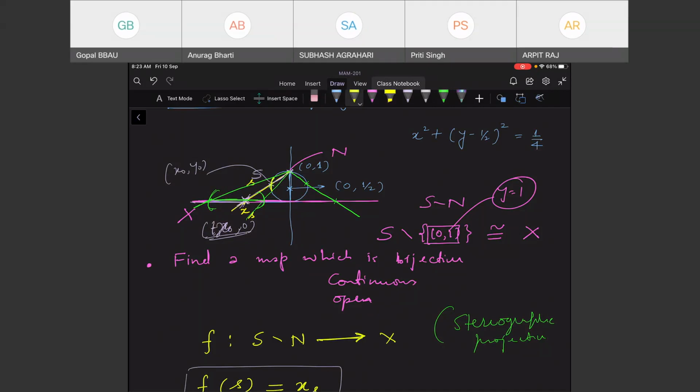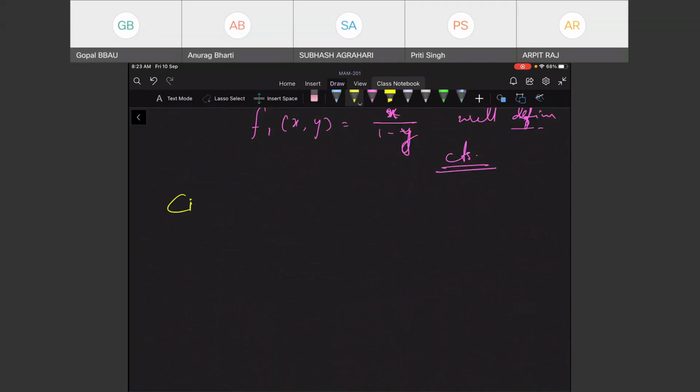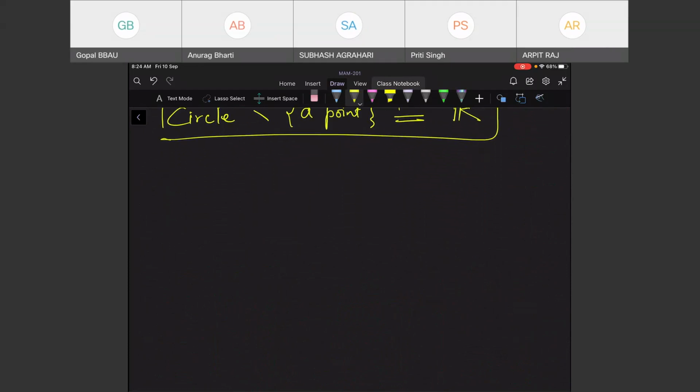So you can easily see that the inverse image of open sets is open. We are doing this in subspace topology. So this means the circle minus a point is the same as R. Similarly, you may prove this in R2.